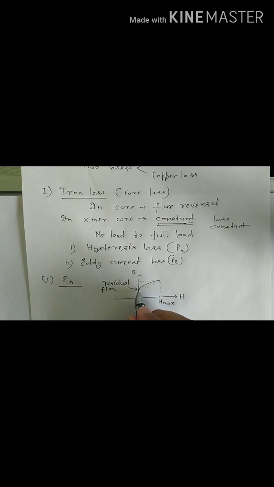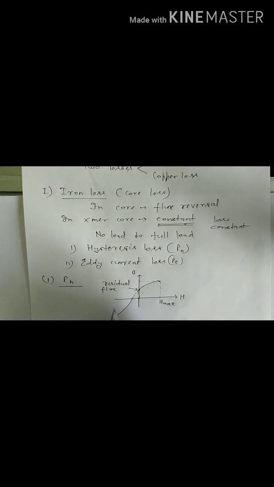To bring this flux density to 0, I have to apply extra field in opposite direction. At this point flux density is 0. If I go on increasing applied field in opposite direction, the flux density will again build up and go into saturation at minus H max.